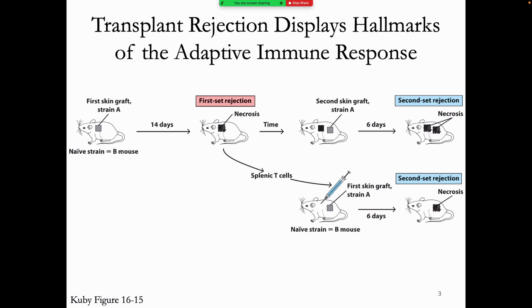You will see on this slide that we use the word graft. Typically when we talk about transplantation, we talk about grafts a lot. The graft is just another word for the thing that's getting transplanted. So if we had a kidney transplant, it would be a kidney graft. We'll also often talk about the host, that's whoever is receiving the transplant.